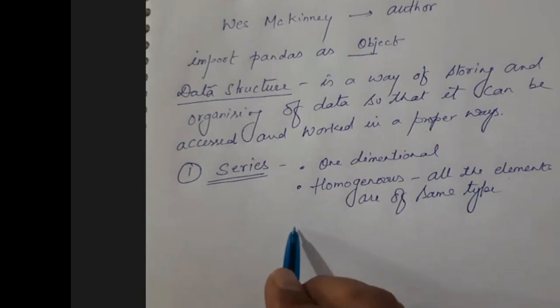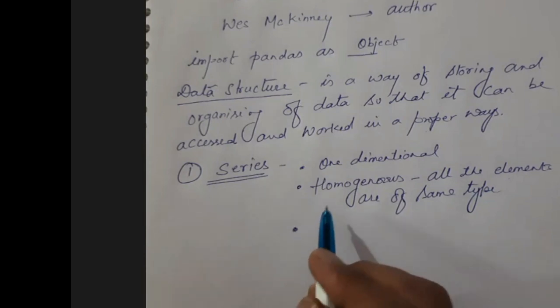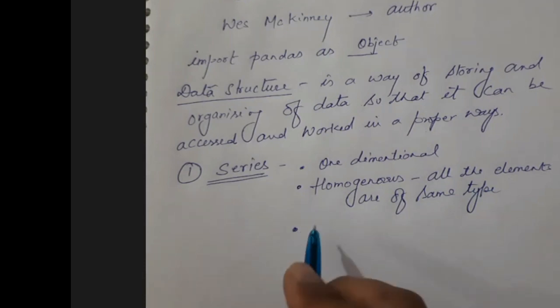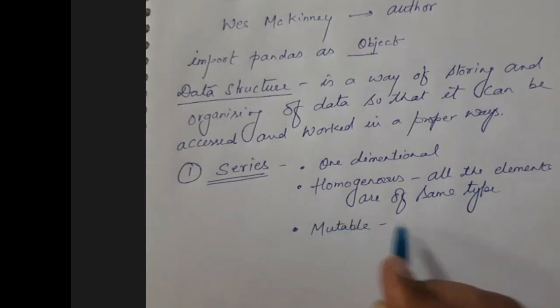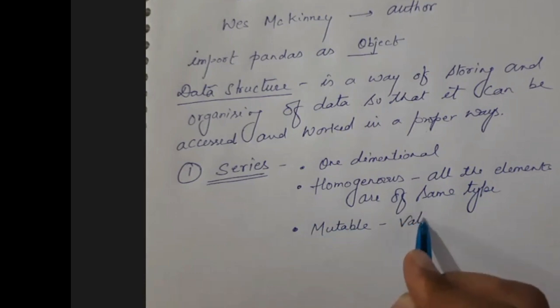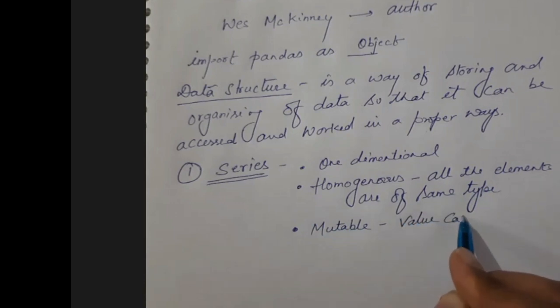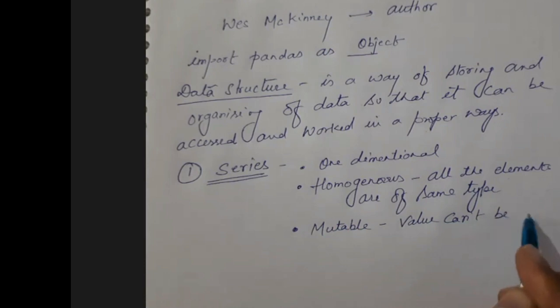The very important point is mutable. I hope you people know the meaning of mutable. Mutable means the value can be changed. You can change the value. This is the meaning of mutable.